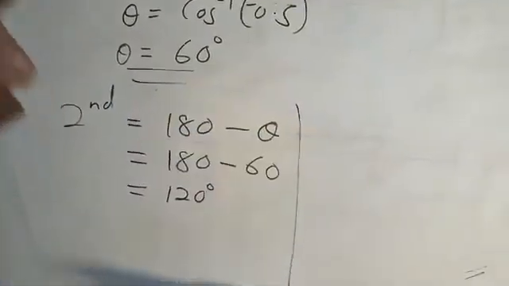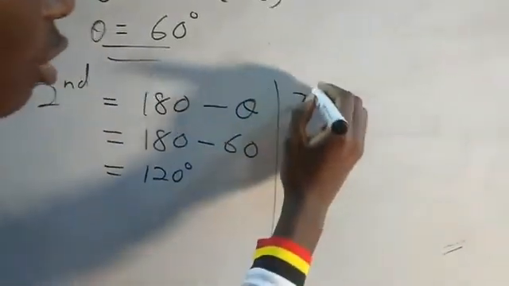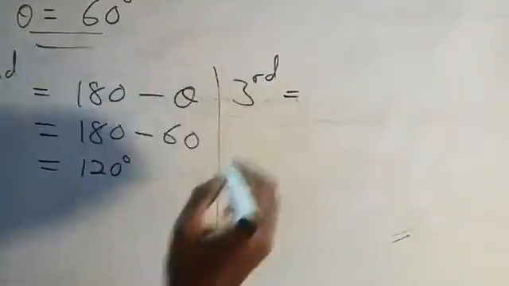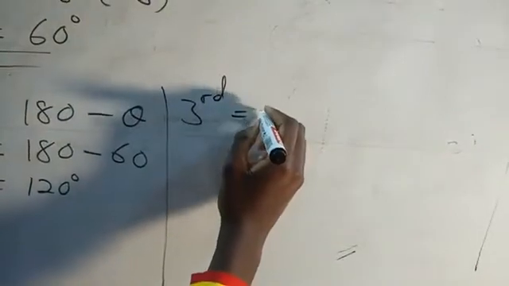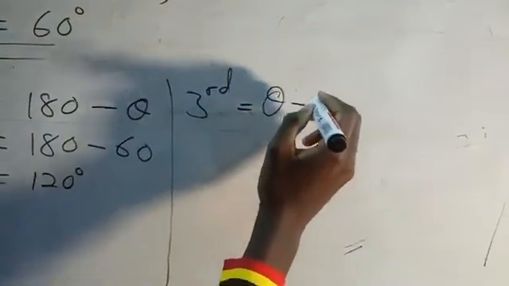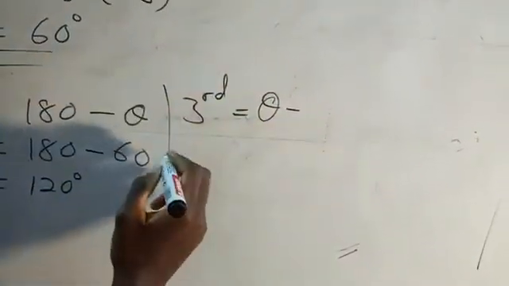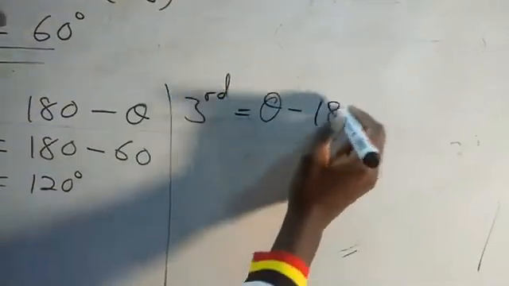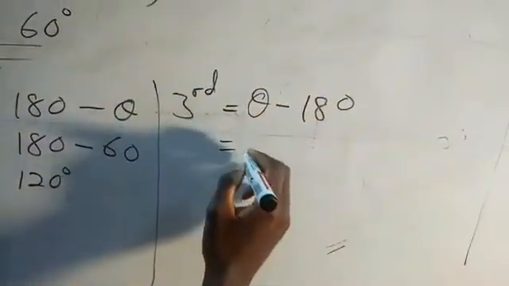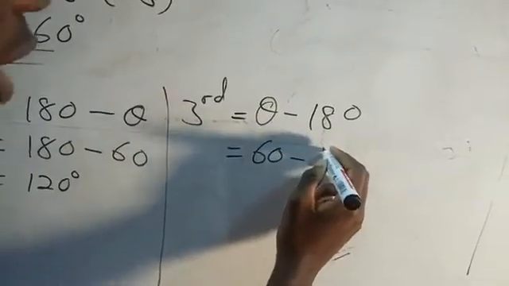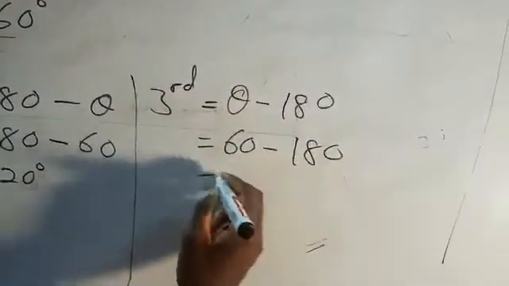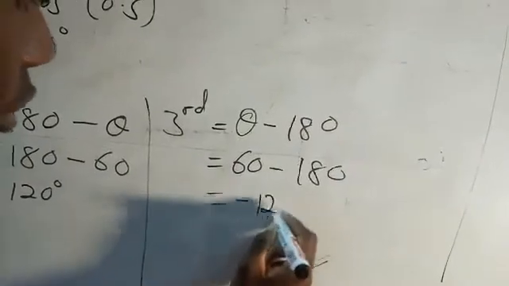Likewise in the third quadrant, it will be theta minus 180, becoming 60 minus 180, coming negative 120.